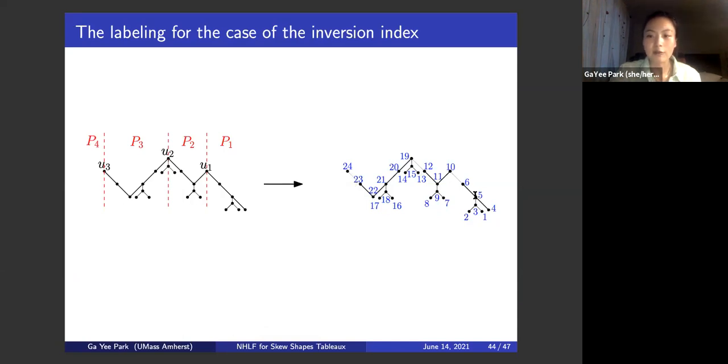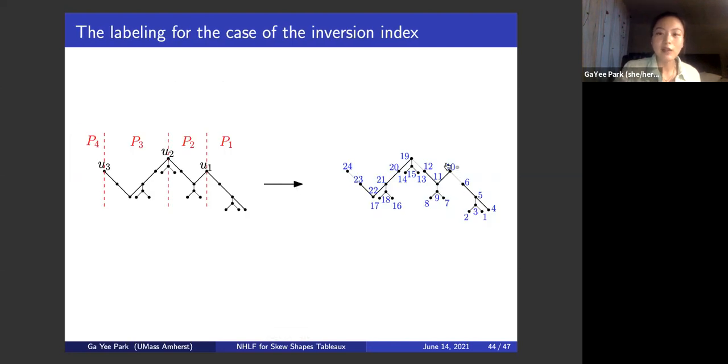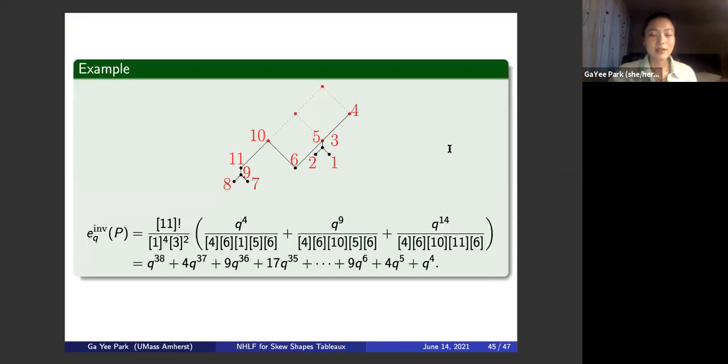As you can see, 4, 5, 6, 10, 11, 12 is increasing in this way. The third condition must follow these very specific conditions for the disconnected poset here. If I remove any inner corners, then everything to the left is greater than everything to the right. So it has very specific labeling conditions that it must follow, but indeed, it would work.